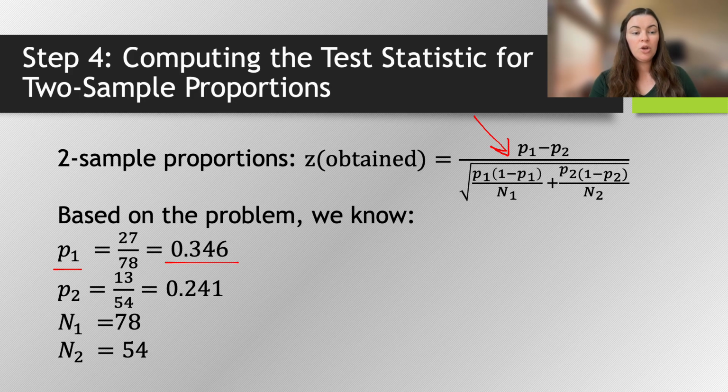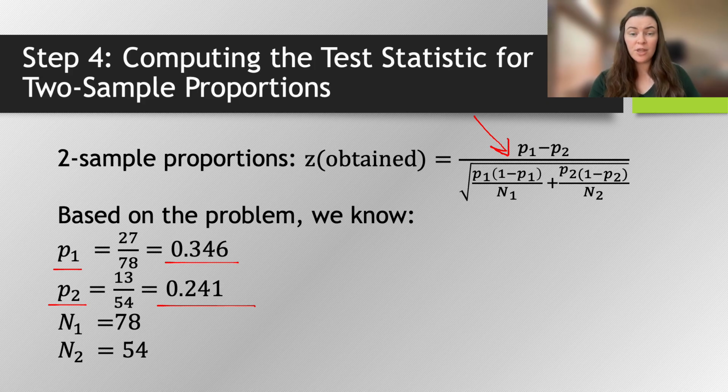I got that simply by dividing 27 by the sample size of 78 in that respective group to get that number. Group 2, or proportion 2, are those individuals in our treatment facility. Only 13 out of 54 were rearrested after they left that facility, and so that corresponds to a proportion value of 0.241. Again, I got that simply by taking the number of youths that had been rearrested, which was 13, and dividing that by our sample size of 54 to get the value of 0.241.